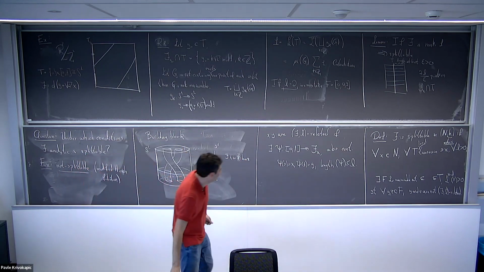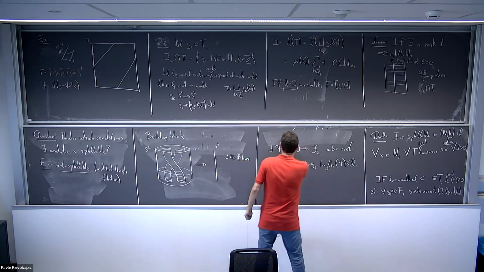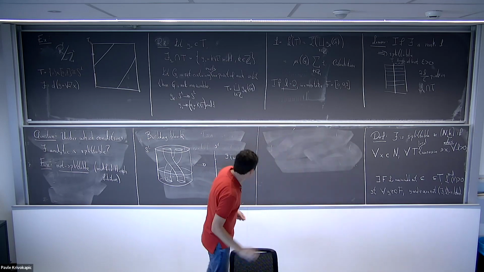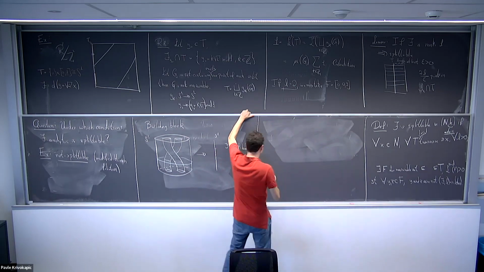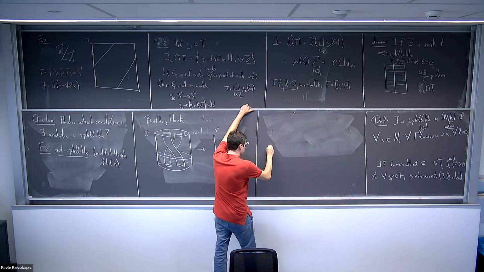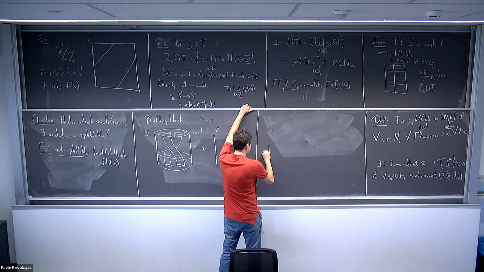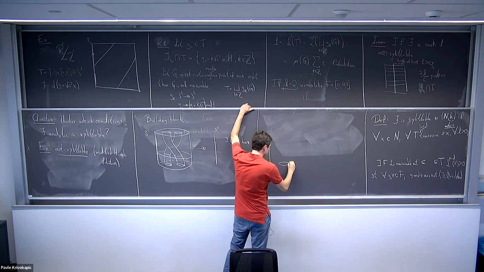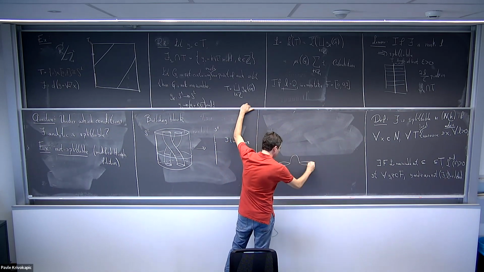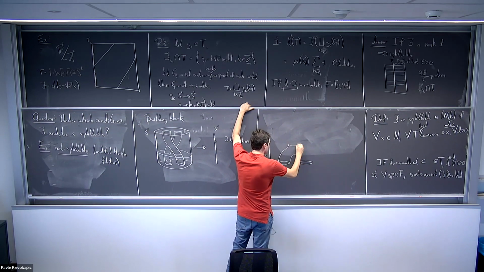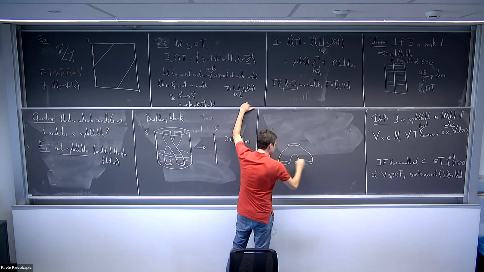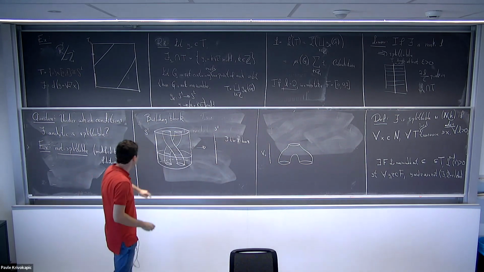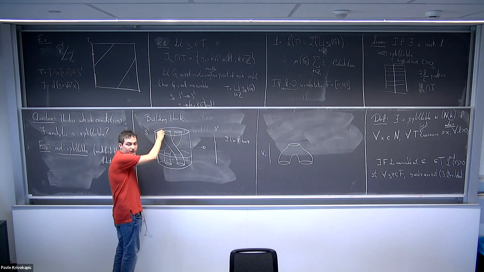I like to think that if I take this V, which I'm going to write here with V0, the leaves of them are going to look like this. And as a transverse section, I'm going to take one of the S1s which are inside here.